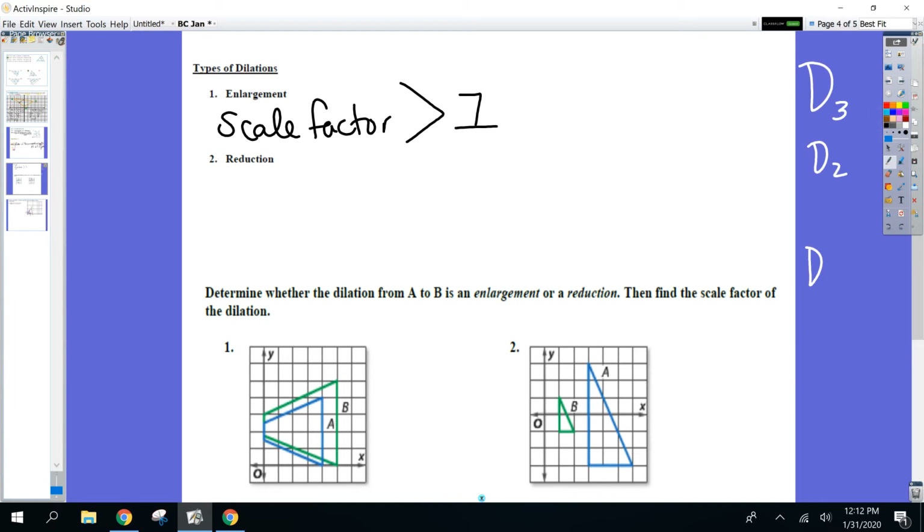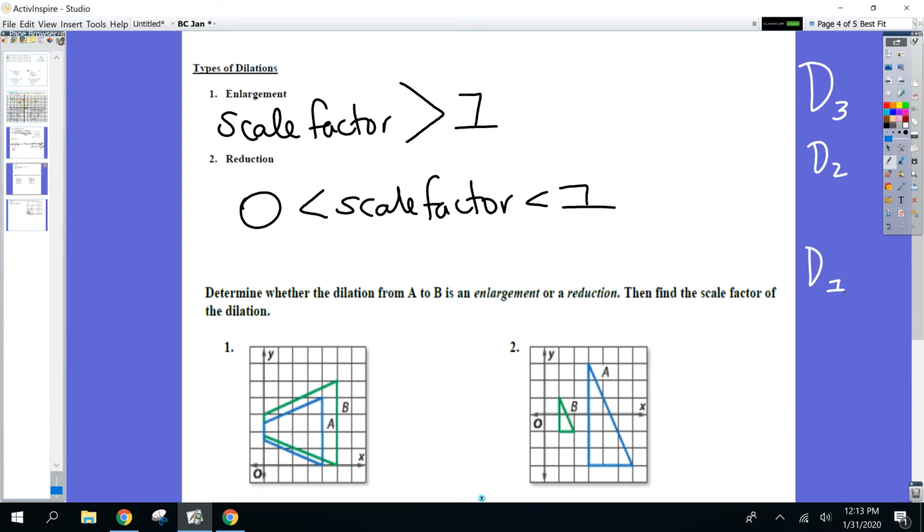It's got to be between what? 0 and 1. Your scale factor's got to be in between 0 and 1. Negative is a whole different ballgame that we'll get to when we get to the unit. And usually I get honors level, you don't have 1 represented. What happens when the scale factor is 1? Nothing happens, right? It's still the same object.